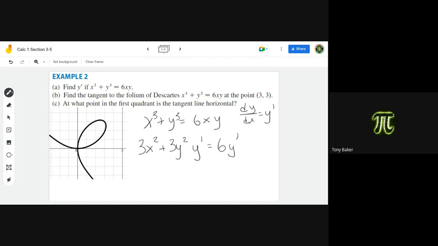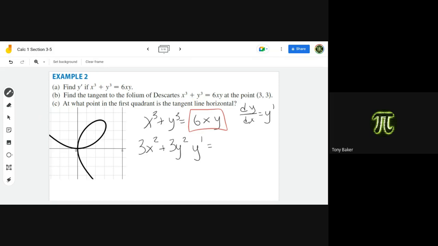Oh, because you got to do the y. Yeah, you're right. 6 times x times y. So we have to do what? We have to do the product rule for 6xy. So 6xy is a product.